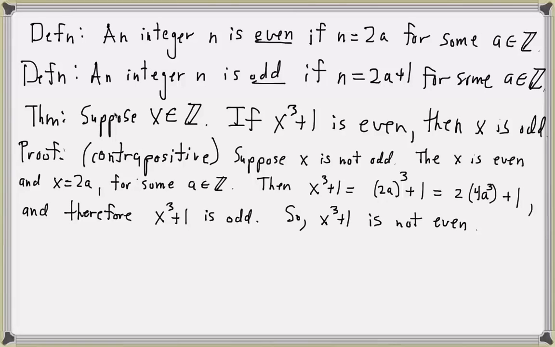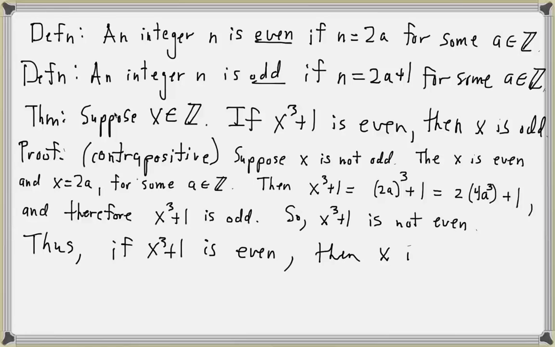So we've proven the contrapositive of the statement, that if x is not odd, then x cubed plus 1 is not even. Therefore, if x cubed plus 1 is even, then x is odd. The next theorem involves the definitions for even and divides.